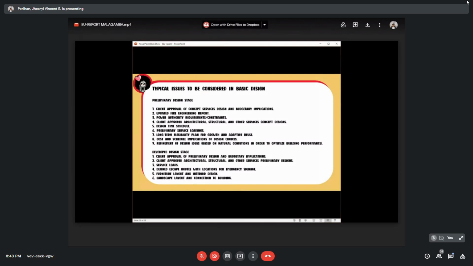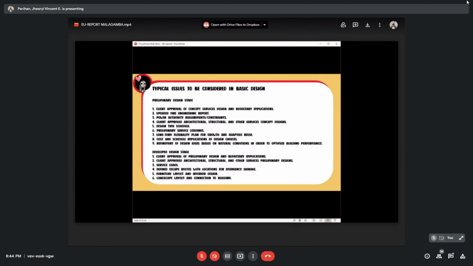Fifth, design time schedule. Sixth, preliminary service loadings. Seventh, long-term flexibility plan for growth and adaptive reuse. Eighth, cost and schedule implications of design choices. And lastly, we have refinement of design ideas. So it is based on natural conditions in order to optimize building performance.